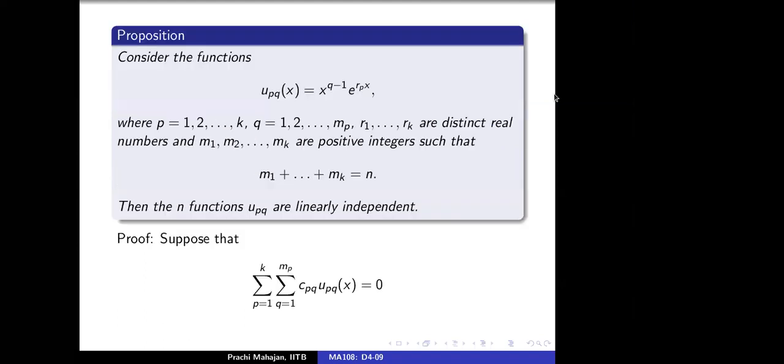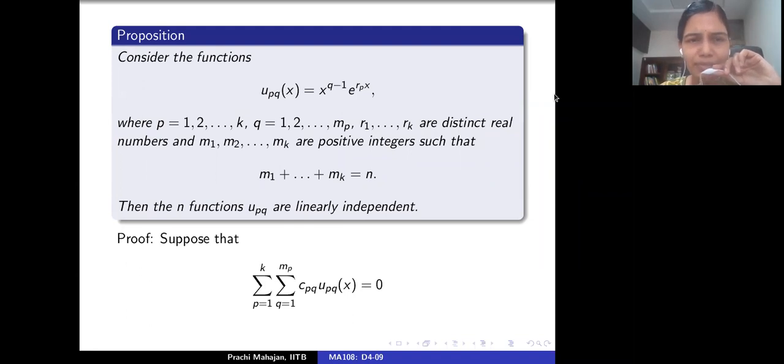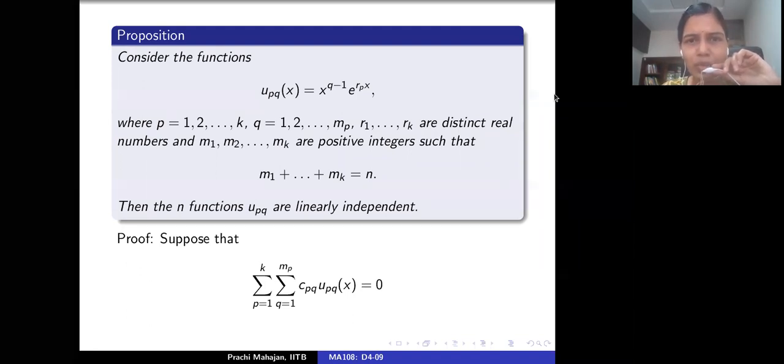Using this proposition, this actually falls out as a corollary of the previous propositions. Now, what are we doing? We are looking at these functions u subscript pq, defined as x to the power q minus 1 exponential rpx, where p is running from 1 to k and q is running from 1 to mp, and r1, r2, ..., rk are distinct real numbers.